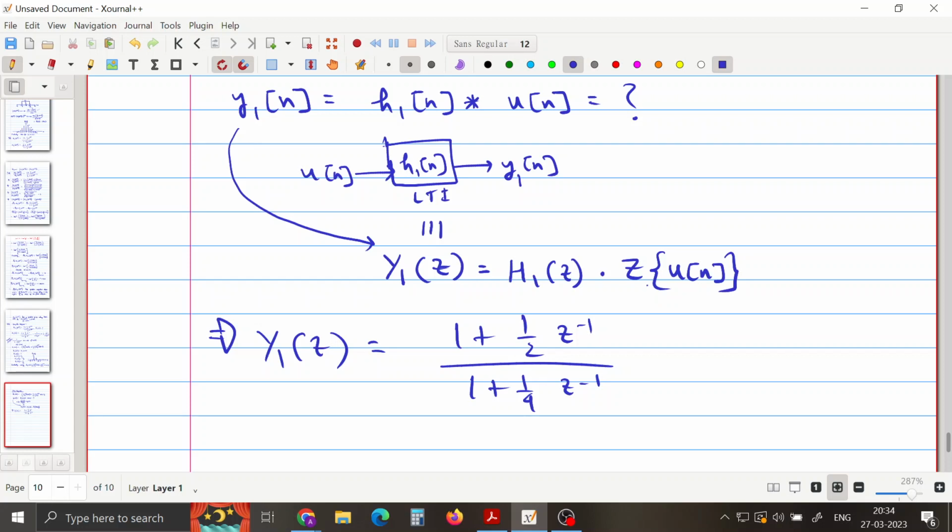And the Z transform of the unit step function is basically 1 by 1 minus Z inverse, because it's like a power n u of n, with a as 1. So it's basically 1 by 1 minus a Z inverse, which is 1 by 1 minus Z inverse. Okay, so that's the thing.